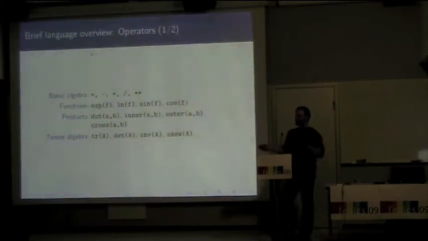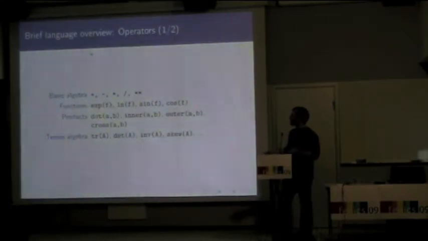So we have some operators. We have basic algebra operators. You don't need to use the mult function from FFC anymore. You can use these multiplication operators for basically anything. It does the right thing. You can have fractional powers, which you couldn't in the tensor representation of FFC before. And we have nonlinear functions like the exponential function.